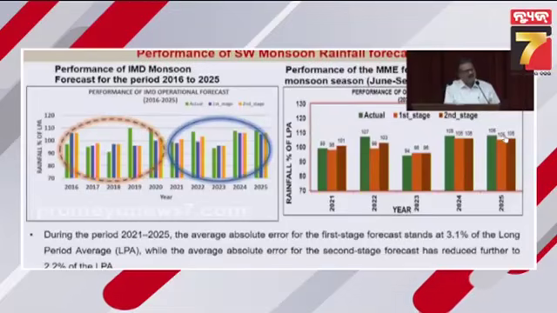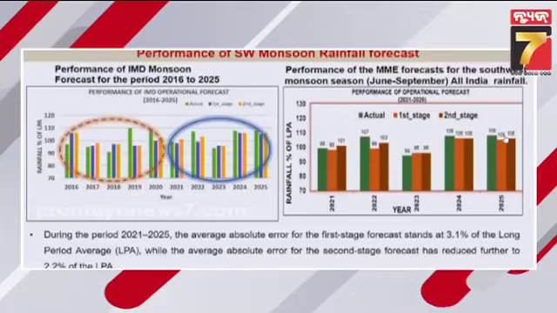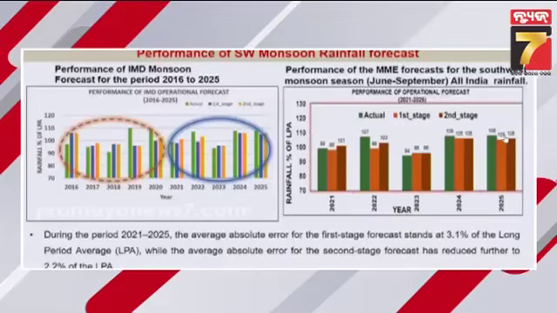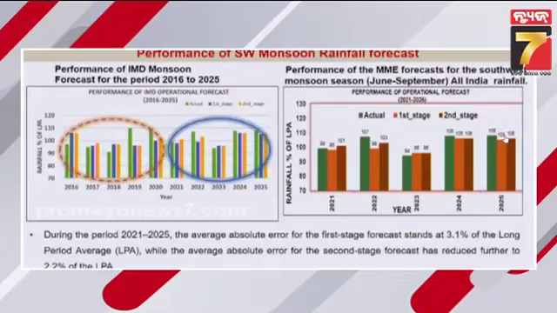The absolute error was 7.8% during 2016 to 2020, whereas the recent model we are utilizing, providing the spatial distributions, probability, etc., has an error of 2.2%. That means the forecast accuracy during 2021 to 2025 has always been within the error limit of plus minus 4%, which was not the case in the previous 5 years. We have improved the forecast accuracy by utilizing the new method of forecasting.